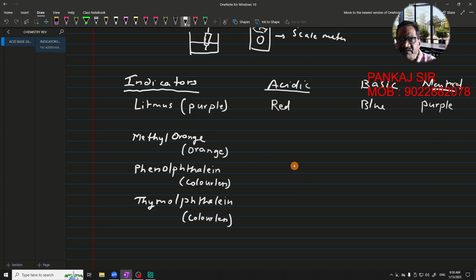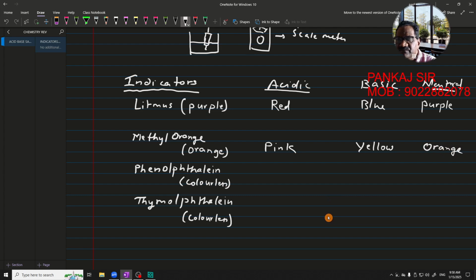Methyl orange is originally orange in color, but when it is put into an acidic solution, it gets converted to pink. When it is introduced into an alkaline solution, it turns yellow. And in a neutral solution, it will show its original color, that is orange.